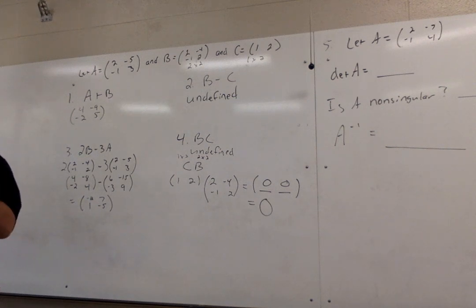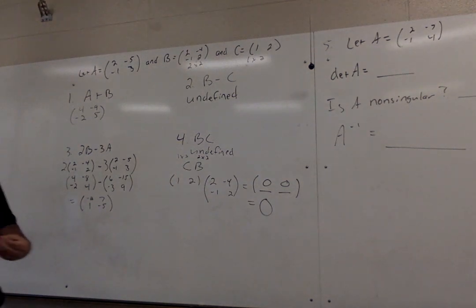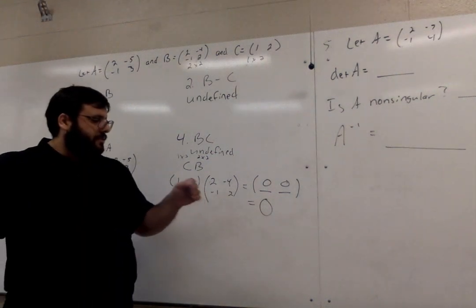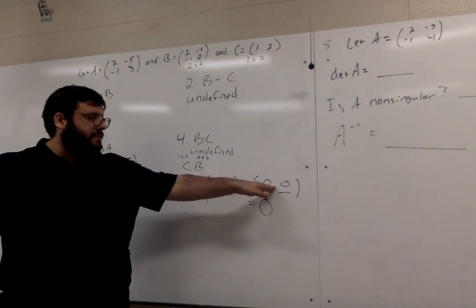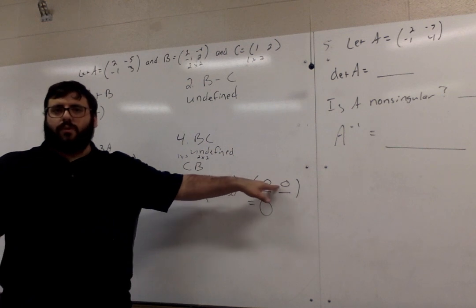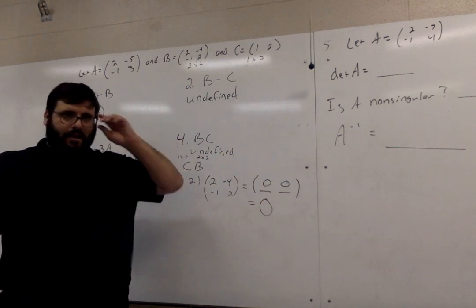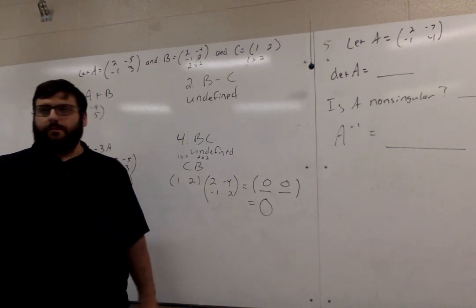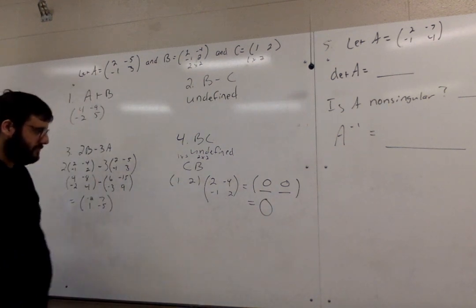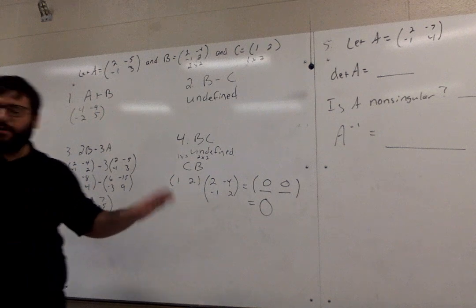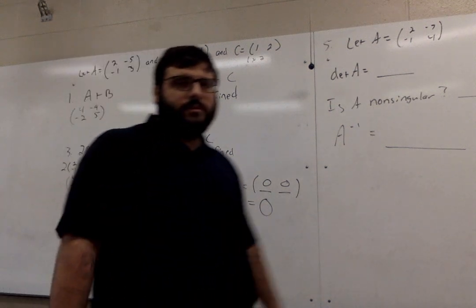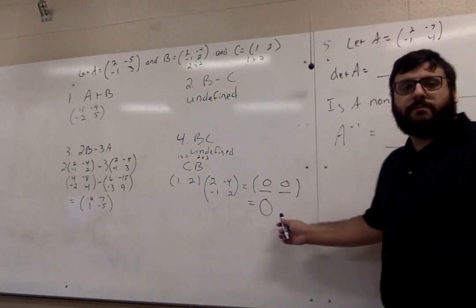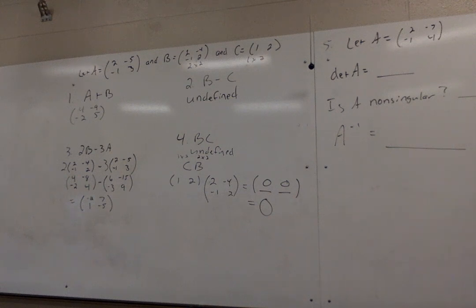That's the only exception to, like, if, for example, I couldn't do this if both of these were 1s or both of these were 2s. This is the only matrix that you can do this for, the 0 matrix. Now, you don't have to, but you can if you want to. Any questions with this section before I move on to the next one? All right, then let's move on.